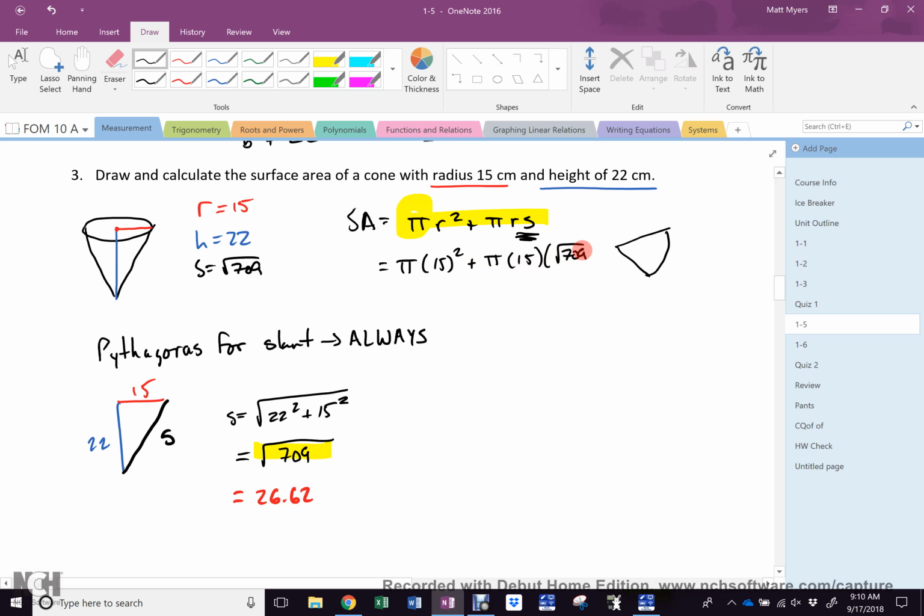As you go further in math, this is what your answers would look like. 225, because that's 15 squared, pi plus 15 root 709 pi. And that is one of the best answers you could give me. Okay? Is everybody with me? This is what we call an exact answer.